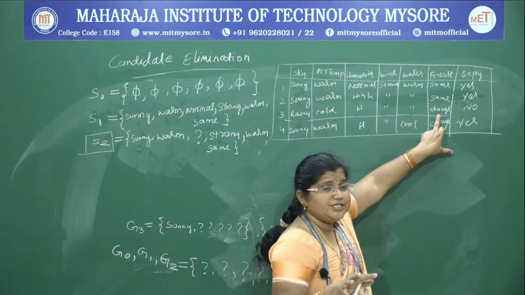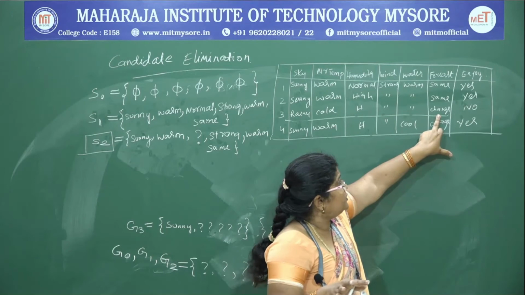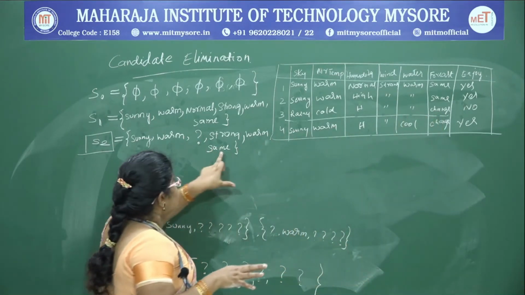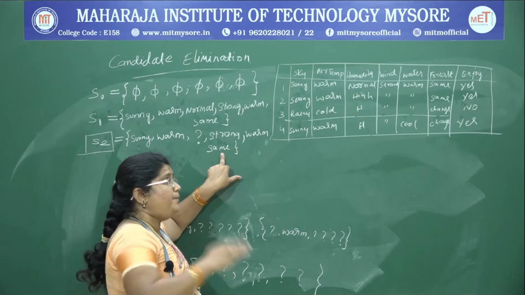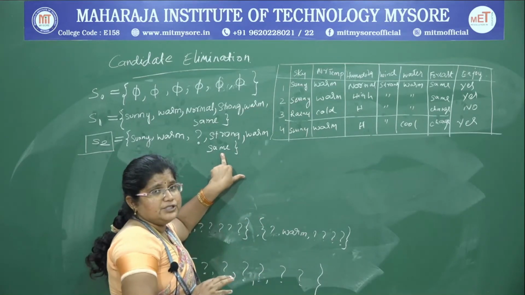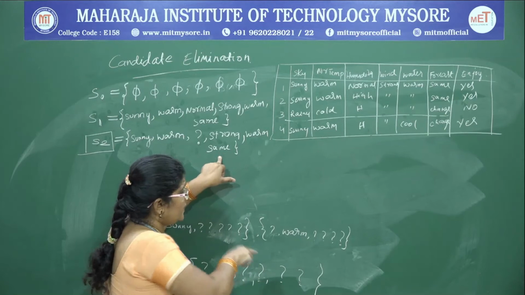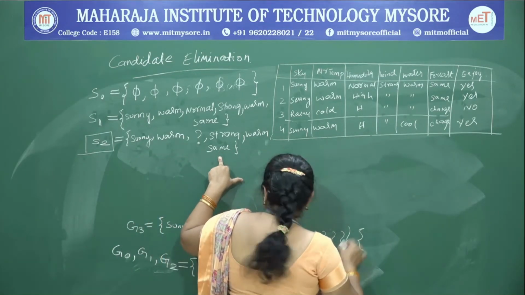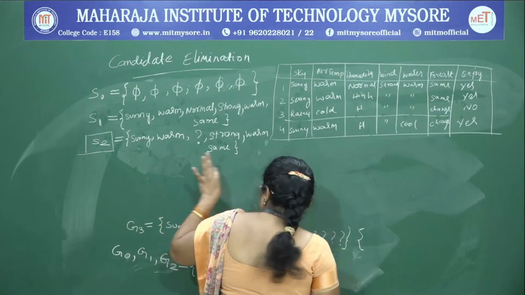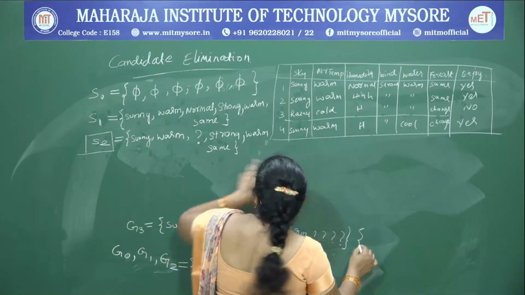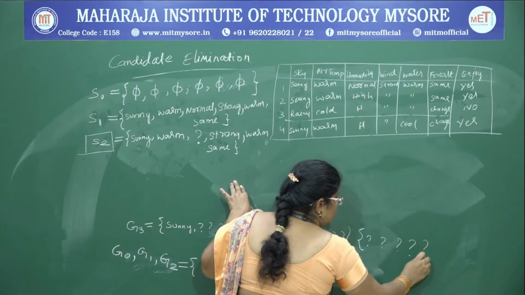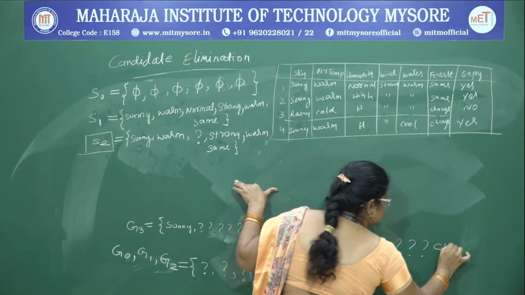Next, change is present in the negative training example, but in S2 same is present. So we take the opposite of that, change. So now we are going to have another set of hypotheses under G3, that is the last one: question marks for the first five attributes, along with change.